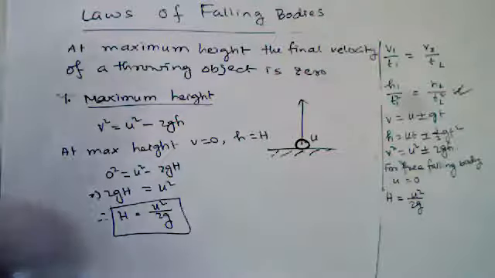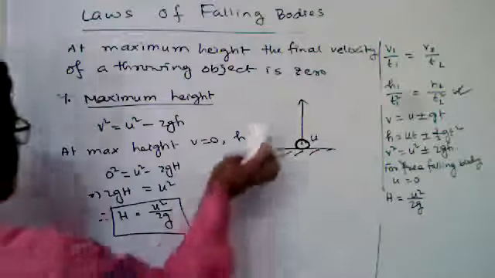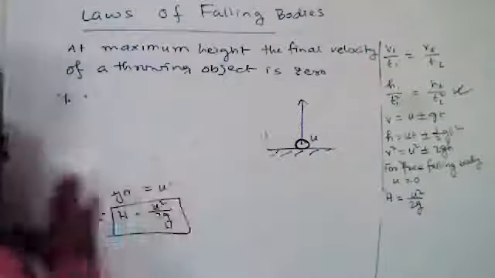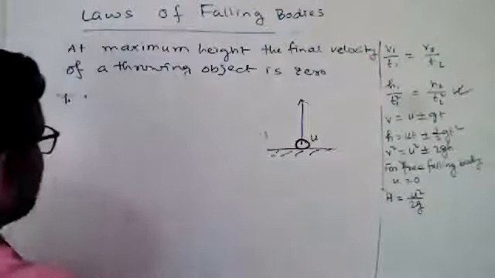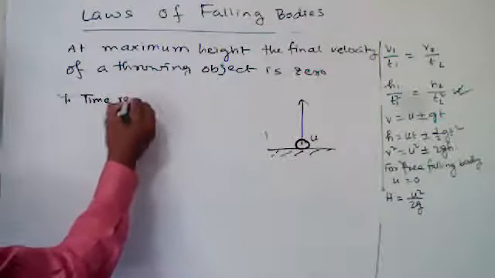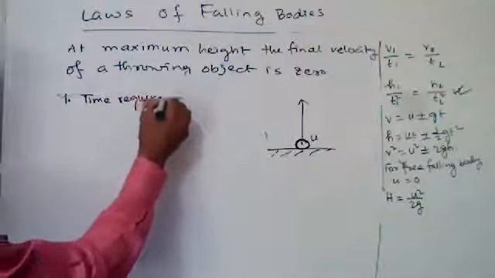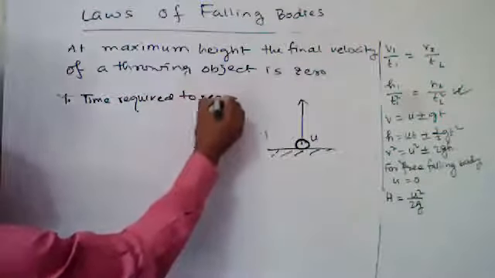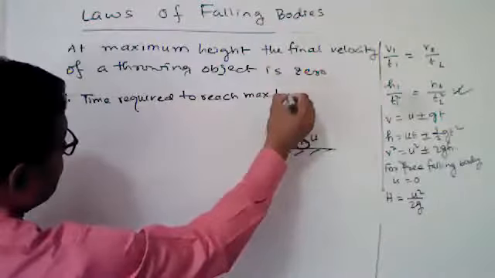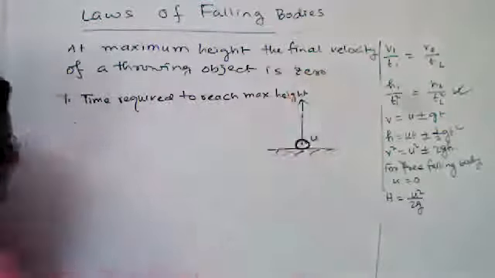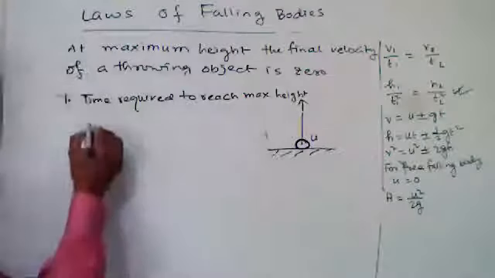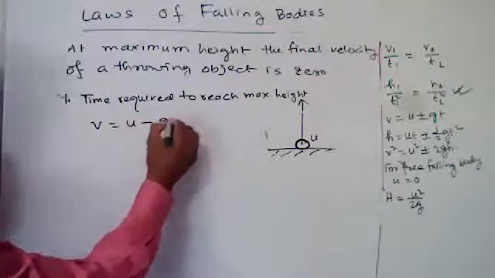Then we determine how much time is needed to reach the maximum height. For this we know v equals u minus gt.